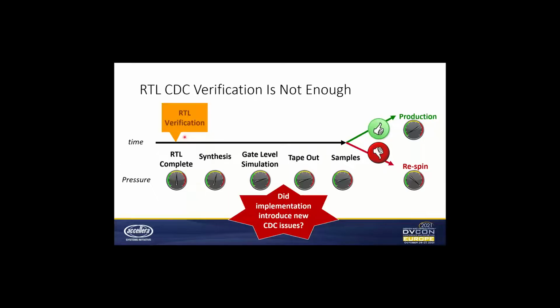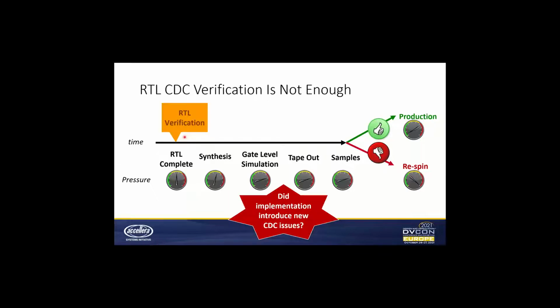As we go down the timeline in the development cycle, the pressure keeps on mounting even after the RTL CDC sign off. CDC verification is a critical step in the design verification cycle, mostly at the RTL stage, that is the register transfer level. It helps us ensure that signals pass across the clock domain boundary without being missed or causing any metastability.